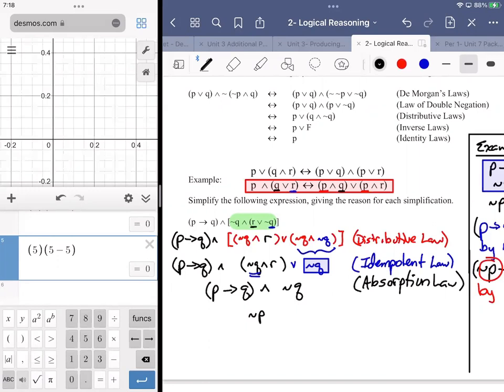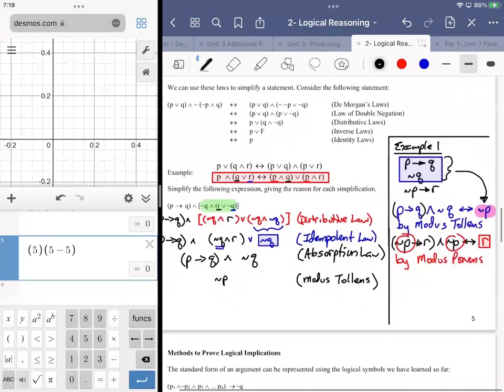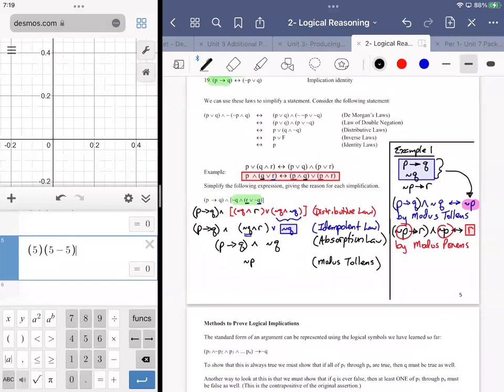This is going to give us a result of not P by modus tollens. All right, that was one of the ones that we led off with. The idea that if you have a conditional sentence, it's the denies by denying. If you have a conditional sentence, P implies Q, and you know the conclusion is false, then the premise is also going to be false.